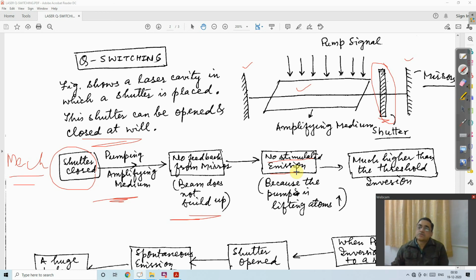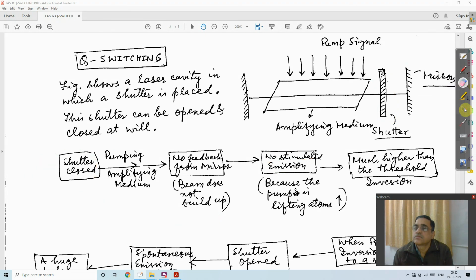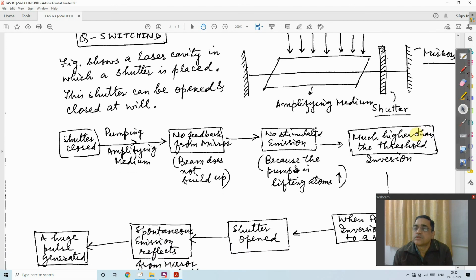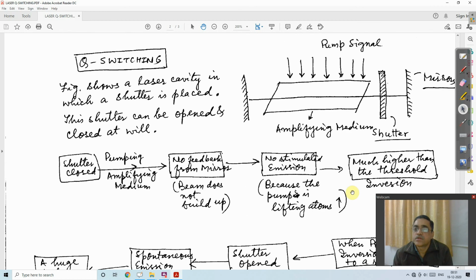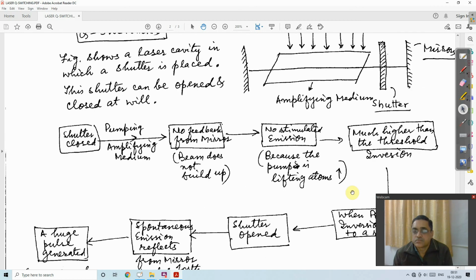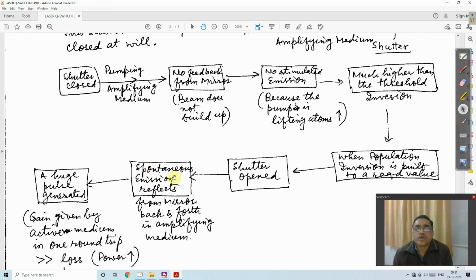The important thing is that the population inversion is increased to a much higher level than in the simple case, much higher than the threshold inversion. When the population inversion is built to the required value, we suddenly open the shutter. Now the spontaneous emission reflects back and forth from the mirrors in the amplifying medium.